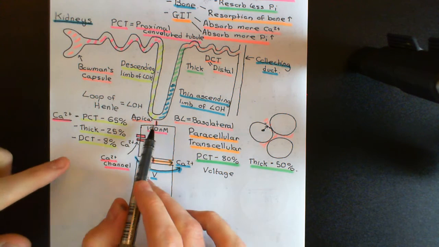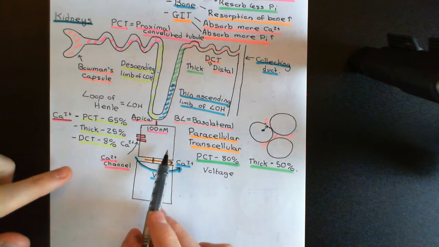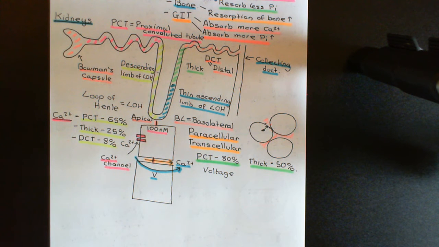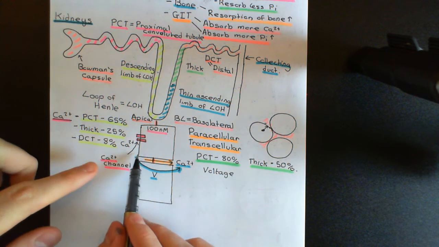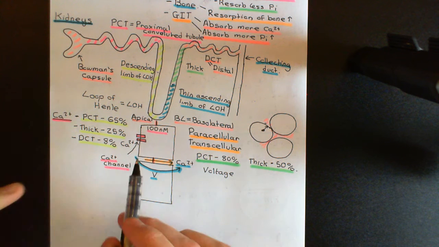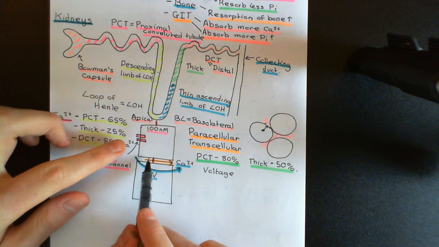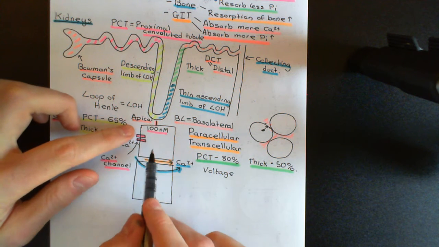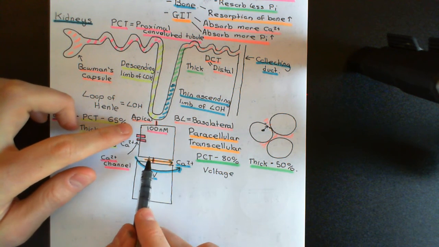And this is where this concept of these two faces of the renal tubule cell being separate becomes important. These calcium channels that are open independent of the electrical potential difference across the cell membrane, these are going to be localized specifically in the apical membrane, not the basolateral membrane here.